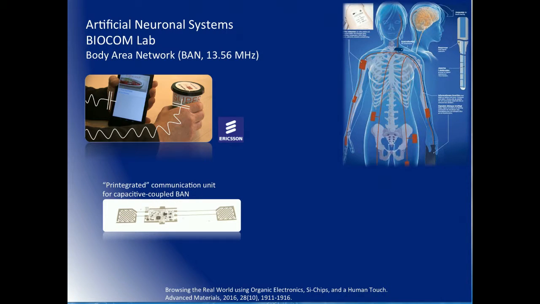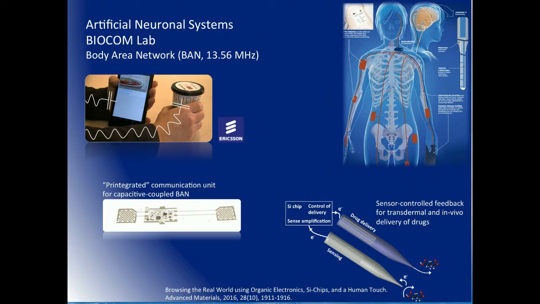So we have produced various kinds of labels, including the silicon chip for the communication protocol for capacitive coupling, the antennas to capacitively send signals in and out from our body, and then try to connect this with different kinds of devices. This was recently reported, a few months ago. So now we have a technology where we can ship signals back and forth and to record and actuate functions.